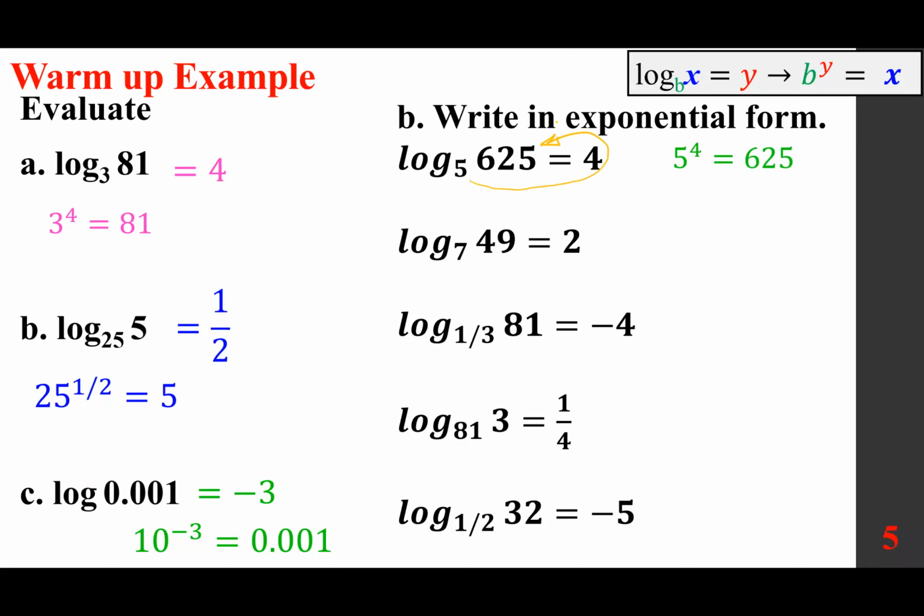What about the next one? Log of 49 base 7 equals 2. Equivalently, 7 squared is 49.